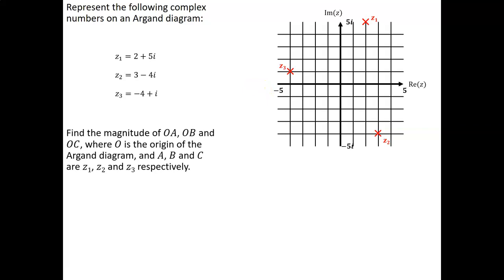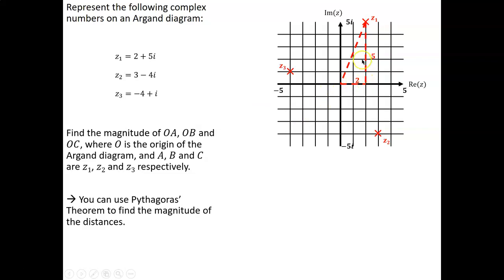Now we're being asked to find the magnitude of OA, OB and OC, where O is the origin and A, B and C are z1, z2, z3 respectively. For this we're going to use Pythagoras' theorem. This distance here is OA.